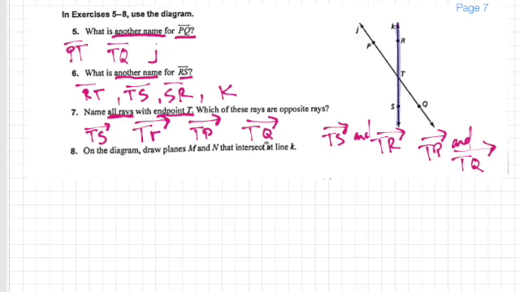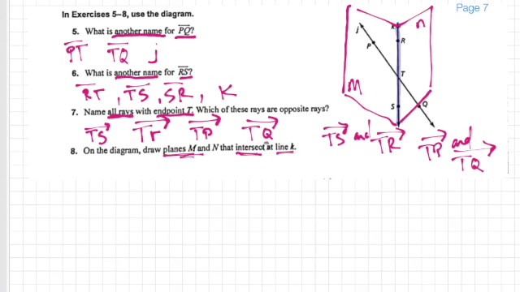All planes intersect on a line. So I'll do one plane headed in this direction. And then we need another plane that intersects it. So I could say this is M, and then this one is N. That's how I would draw planes that intersect on line K.